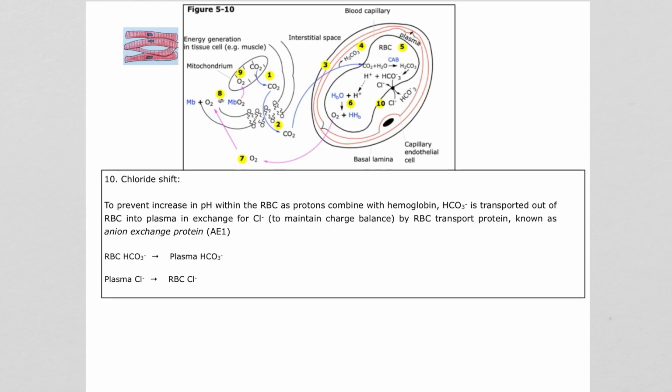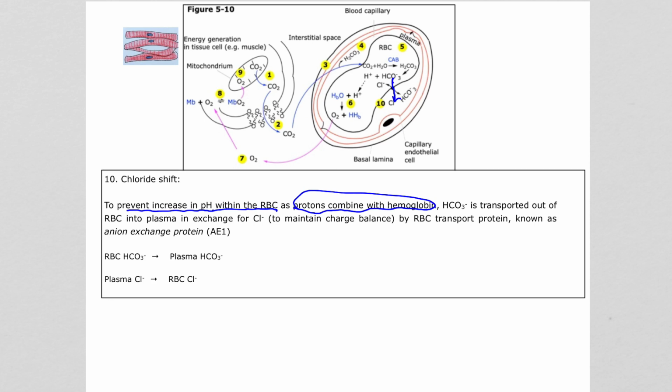Another important process that occurs in the red blood cells when they are at the tissues is called the chloride shift. In order to prevent an increase in pH within the red blood cell, as the protons are removed by combining with hemoglobin, what happens in the chloride shift is bicarbonate that is formed is transported out of the red blood cell into the plasma.